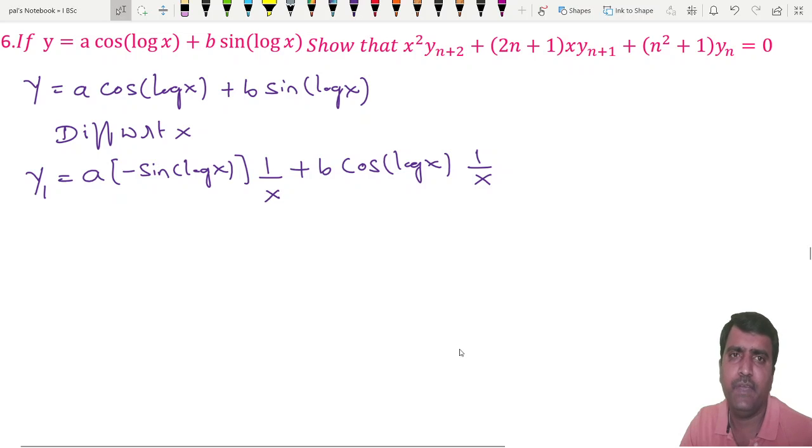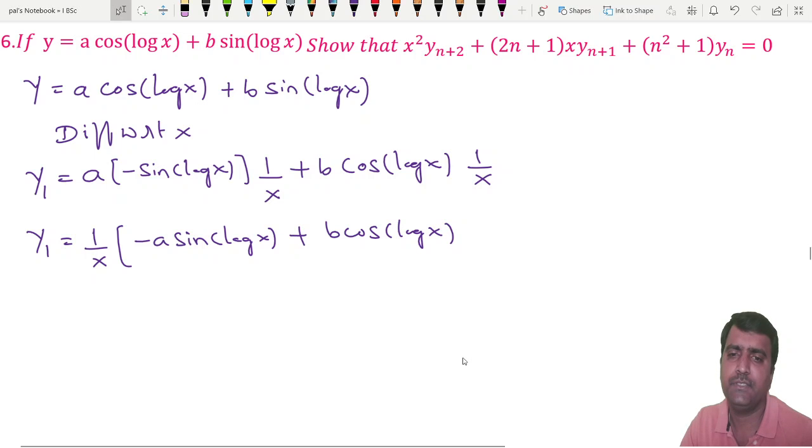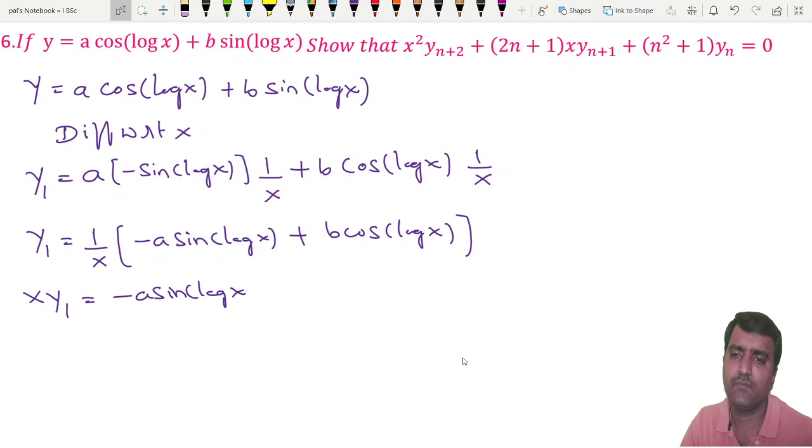In both terms we have 1 by x, so take 1 by x common factor. y1 is equal to 1 by x into minus a sin of log x plus b cos of log x. So x y1 is equal to minus a sin of log x plus b cos of log x.